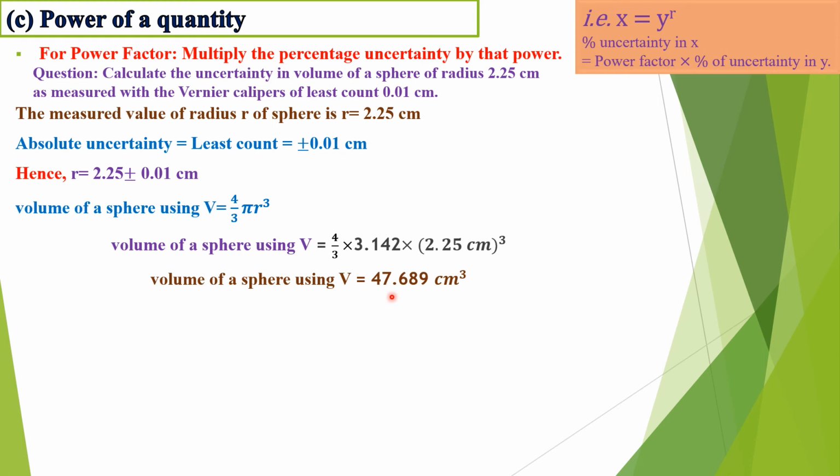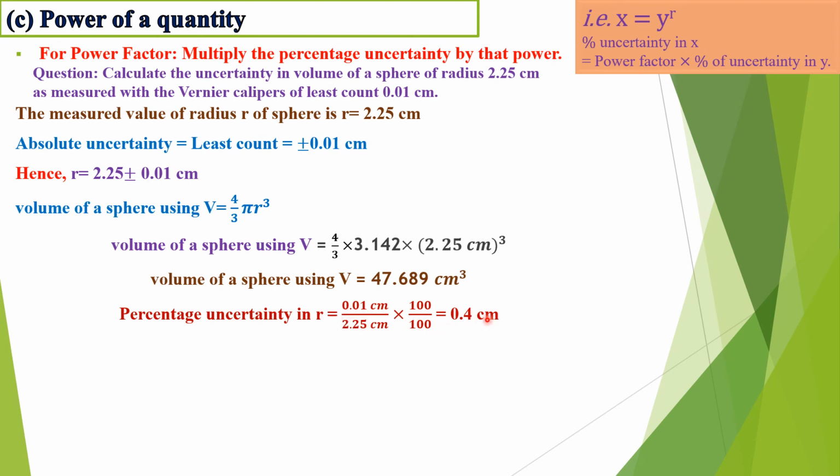Now we have the measured value of volume. For calculating the percentage uncertainty in volume, multiply the power factor with the percentage uncertainty in radius. For that, we need to calculate the percentage uncertainty in radius, that is least count divided by measured value multiplied by 100%. Least count is 0.01 divided by measured value, that is 2.25 centimeter, multiplied by 100%, and we get the percentage uncertainty in r as 0.4%.